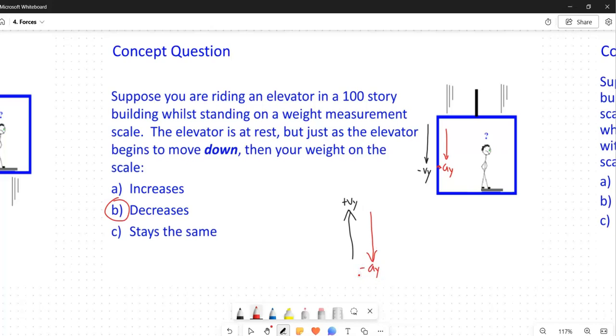When you're moving upwards and the elevator is coming to a stop, you will also read a lower weight than you normally do, because now you do have a velocity, and the bottom of the elevator isn't pushing on you anymore. The bottom of the elevator is dropping off in its motion. So you'll feel lighter.